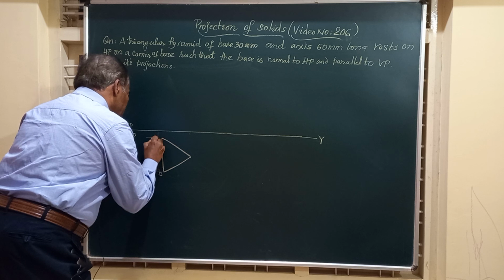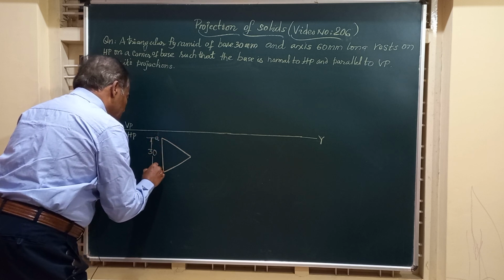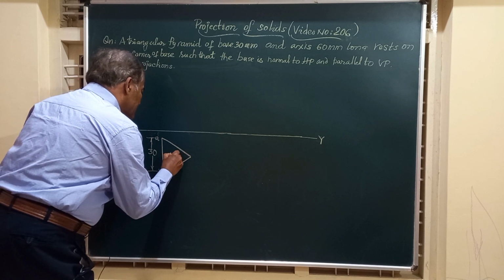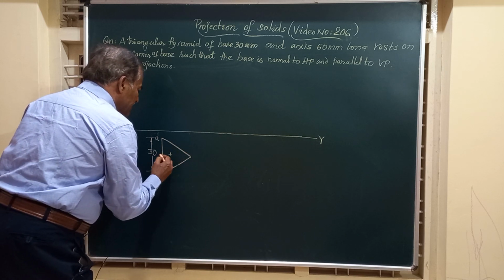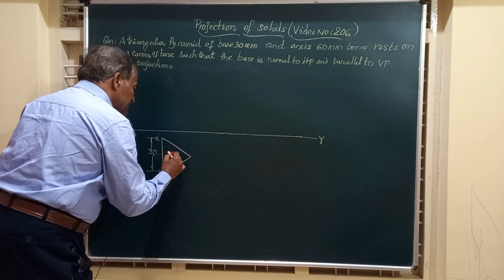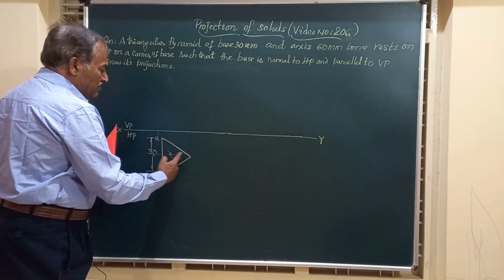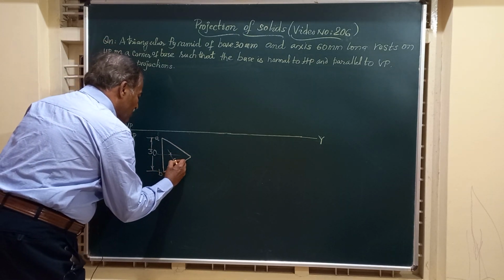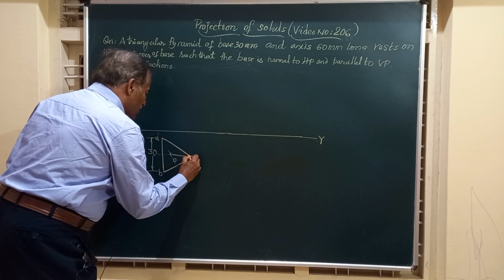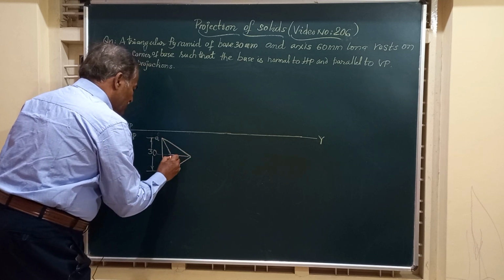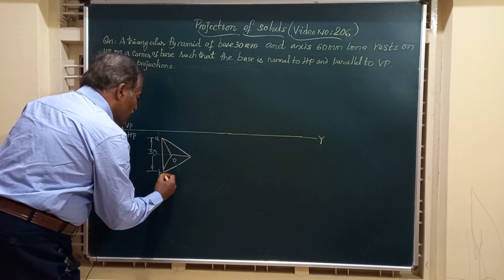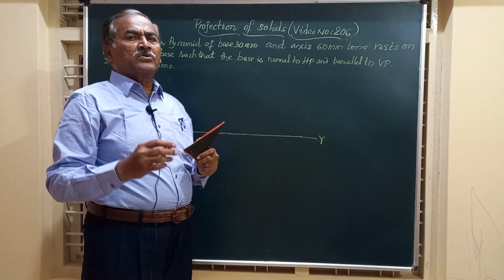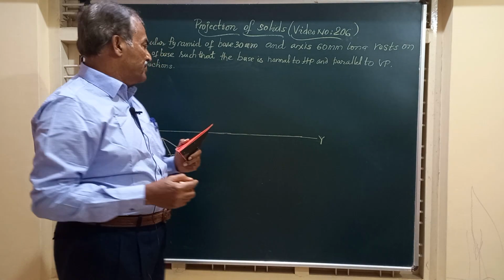We obtain the center by bisecting any two adjacent sides. They meet at a common point, we will call it O, and that has to be joined to all the corners. So OA, OB, and OC represent the top view of the slant edges of the pyramid.